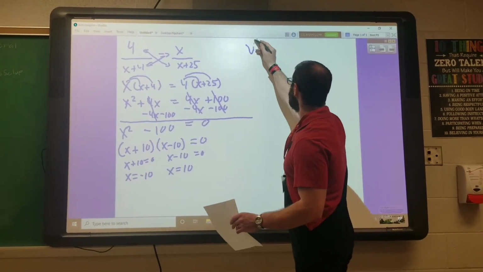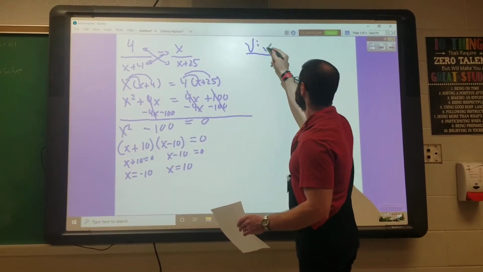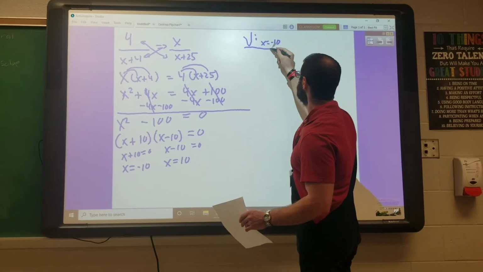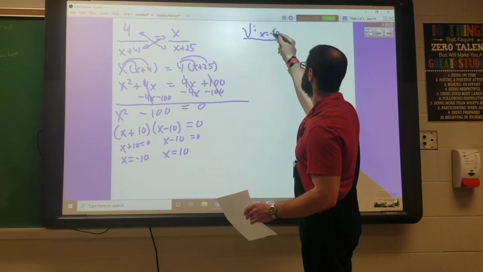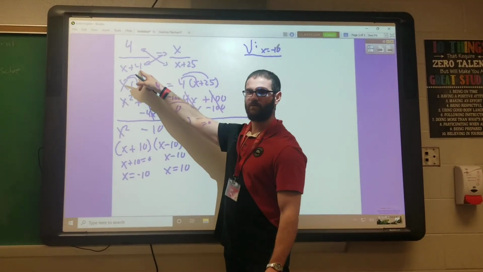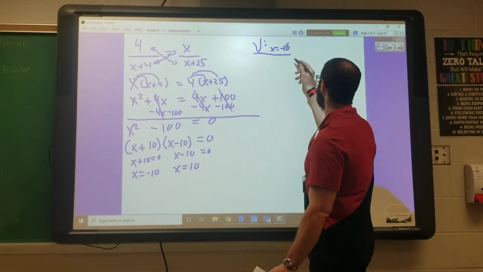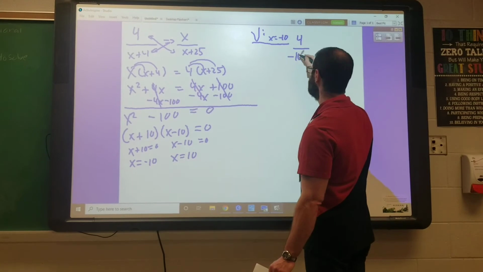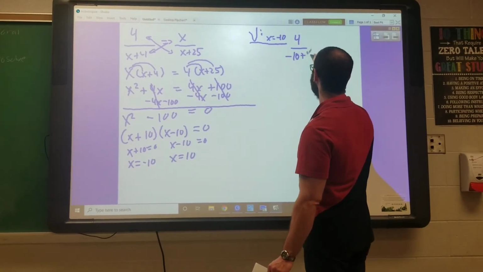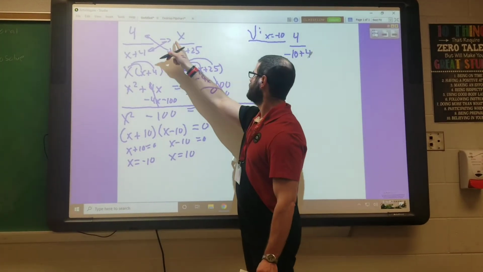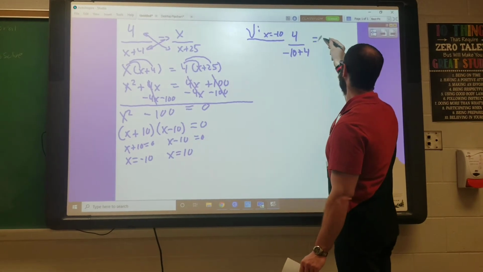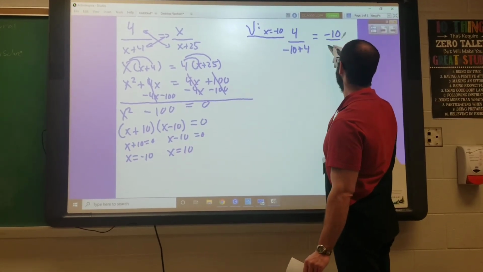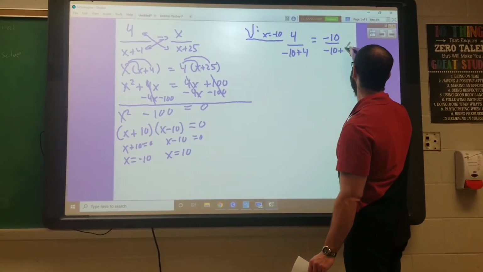So I'm going to check x equals negative 10 first. Where I see an x, I'm going to plug in negative 10. So 4 over negative 10 plus 4, then negative 10 over negative 10 plus 25.